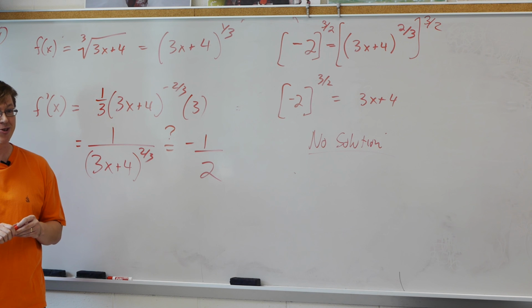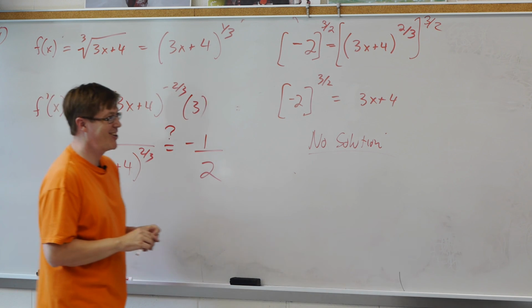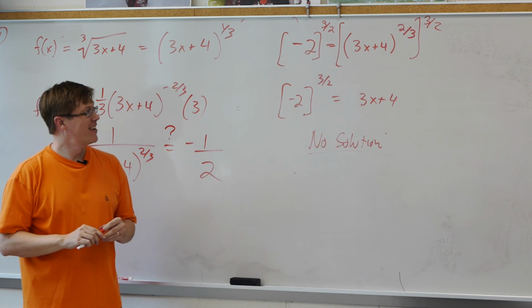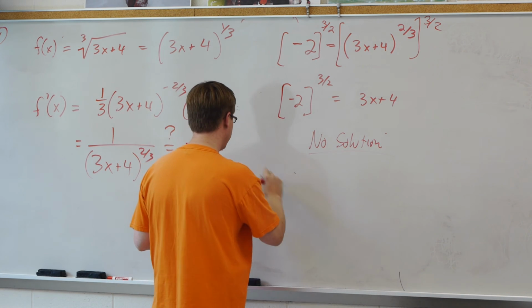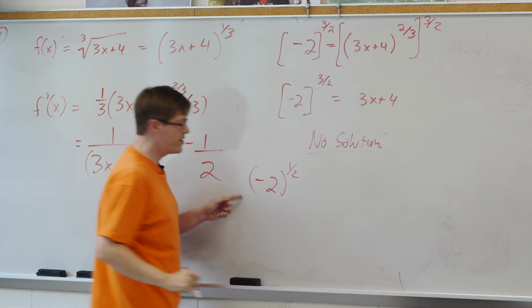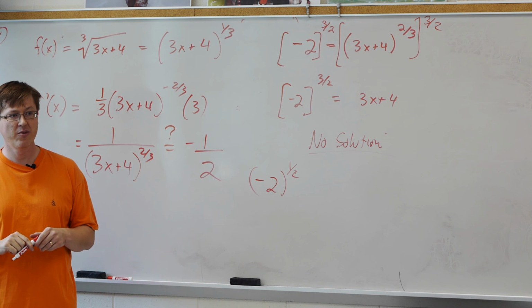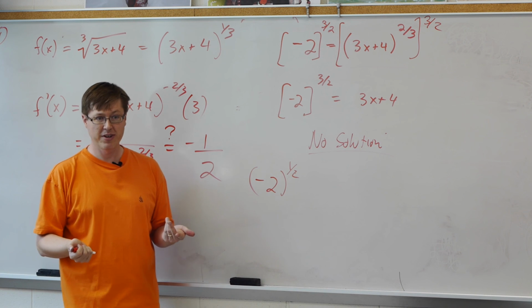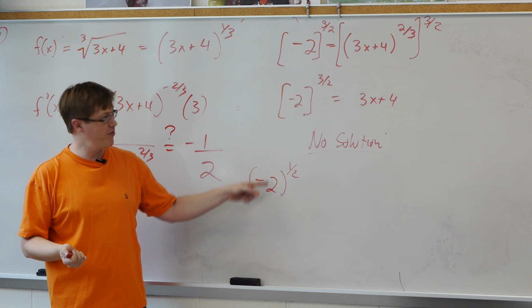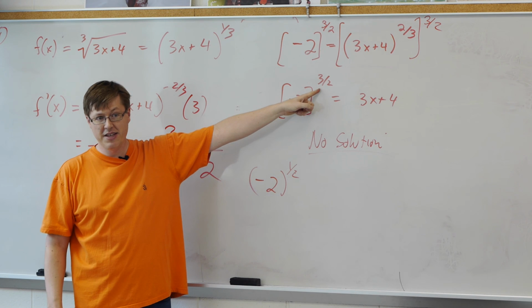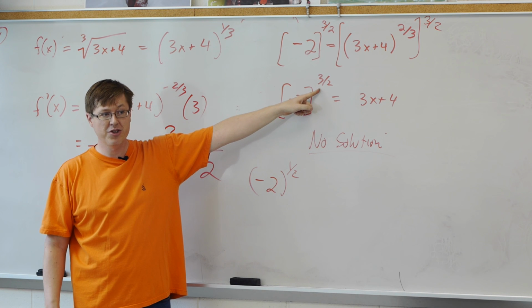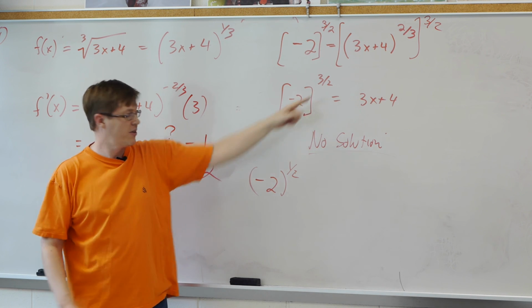Why is it no solution? There are no calculators, remember? What about this: negative 2 to the 1/2. What does that mean? The square root of negative 2, right? You can't take a square root of a negative number. Here it's the square root of negative 2, just cubed.